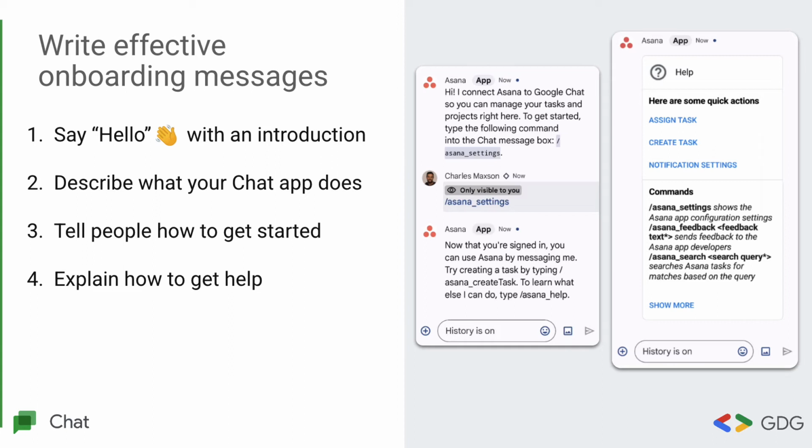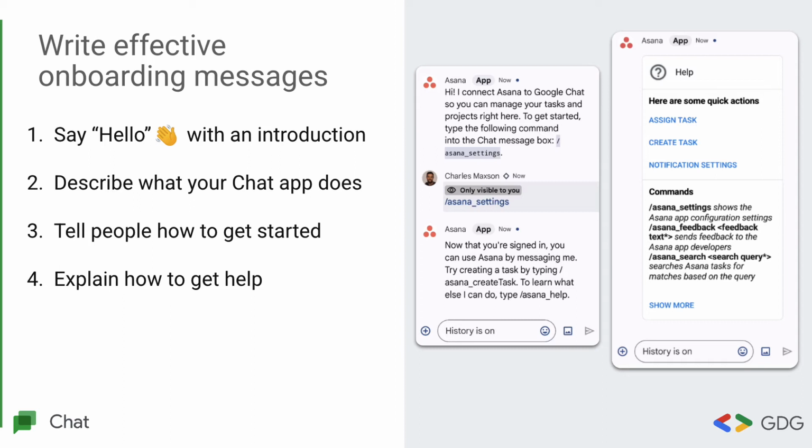As you can see here, the Asana onboarding flow is a really good representation of many best practices. It starts off with a simple hello. Then it tells you what it does. It connects Asana and Google Chat so you can manage your tasks and projects right from chat. It's brief and it's to the point. Then it tells you how to get started.